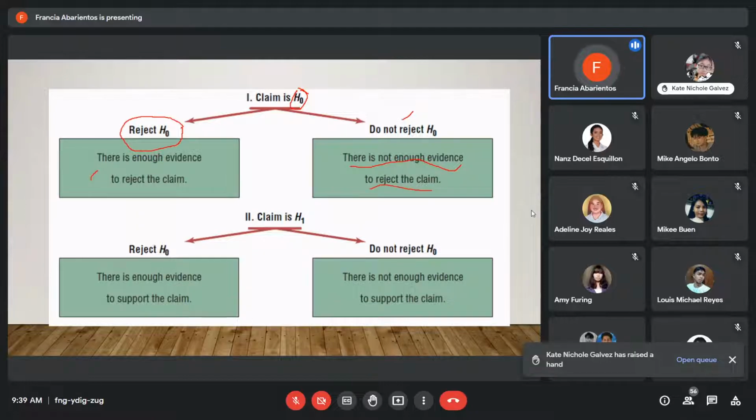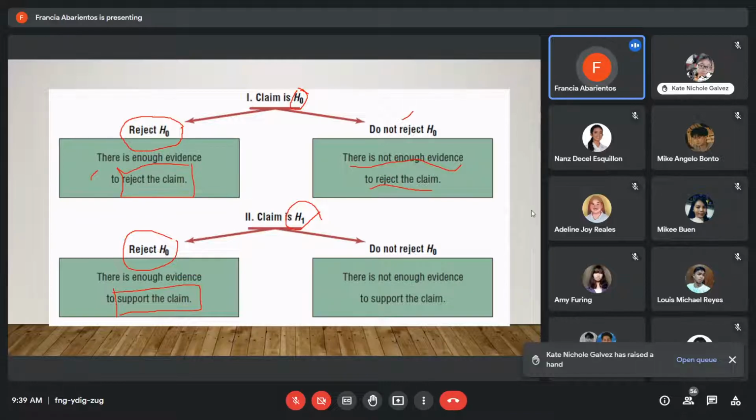Same with null hypothesis, alternative hypothesis. So, if we reject the HO, automatically, there is enough evidence to support. Ayan. So, take note of this, to support the claim. Sa unahan, reject the claim.